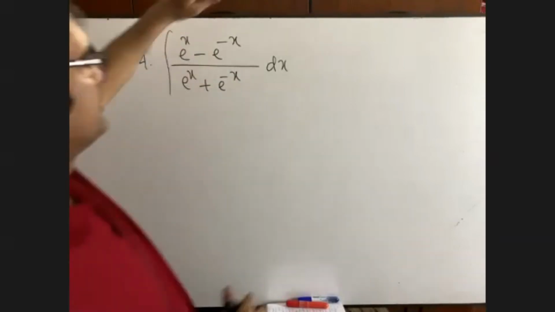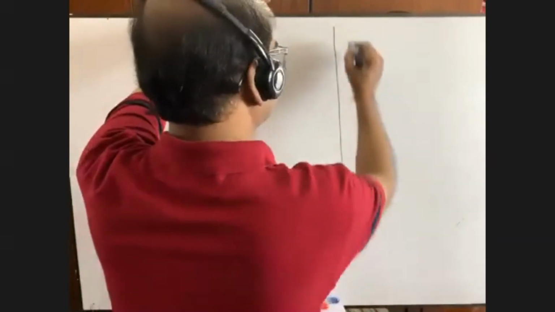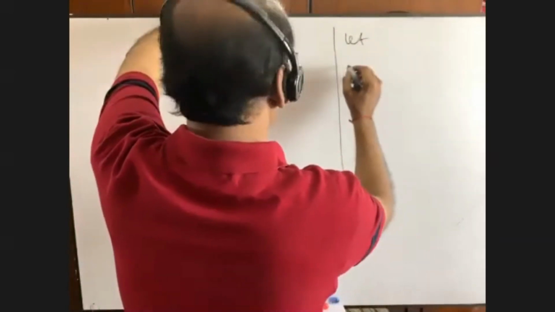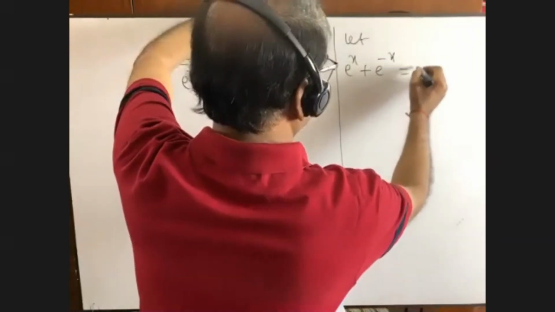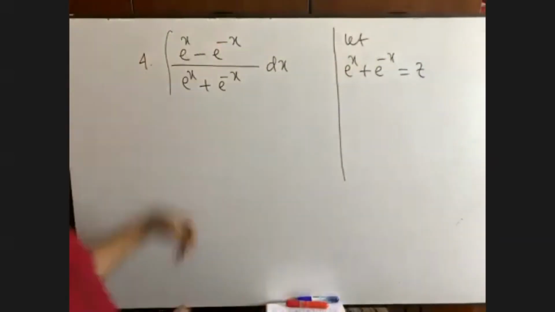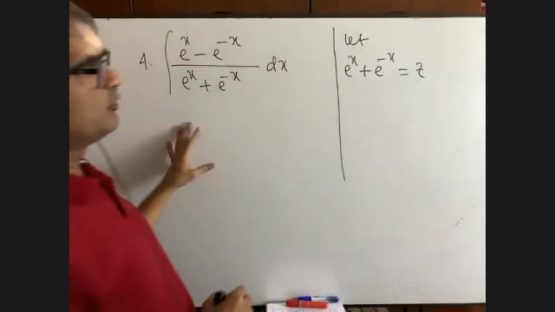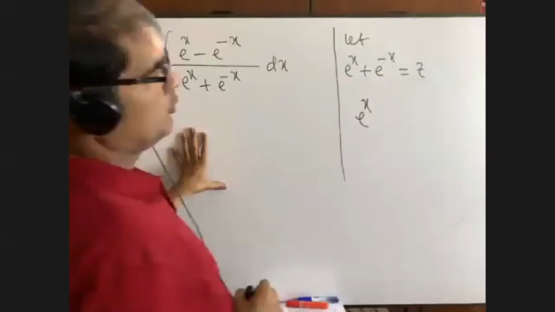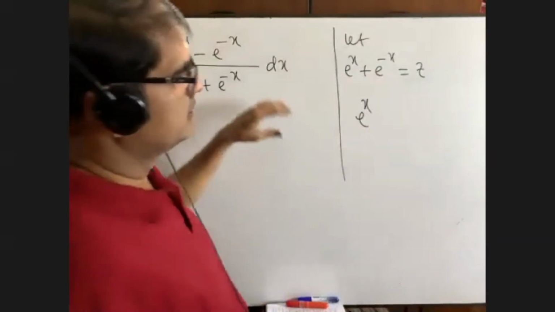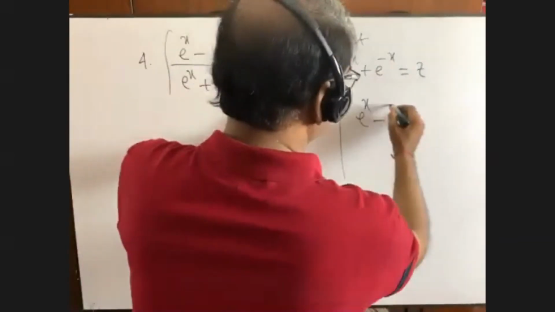How does it come, you see? Suppose let the denominator e to the power x plus e to the power minus x equals z, right? Now differentiate it. What is the differentiation of e^x? e^x is e^x. What is the differentiation of this part? Minus e to the power minus x.